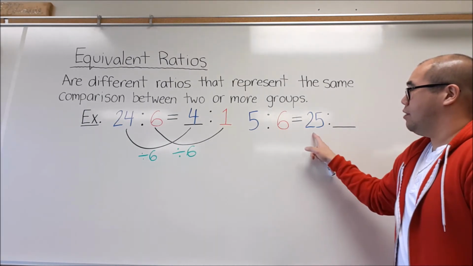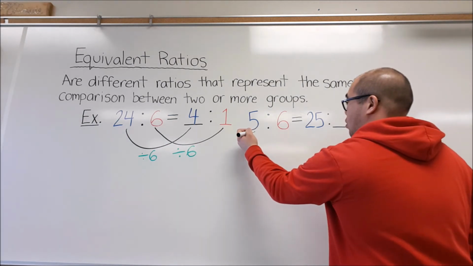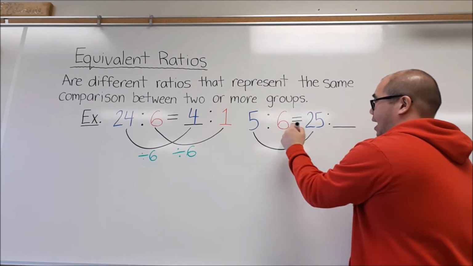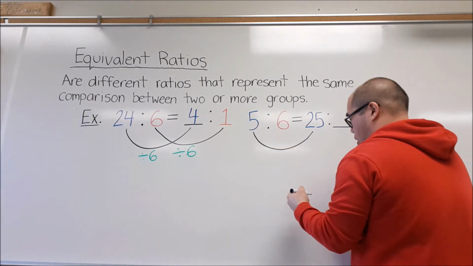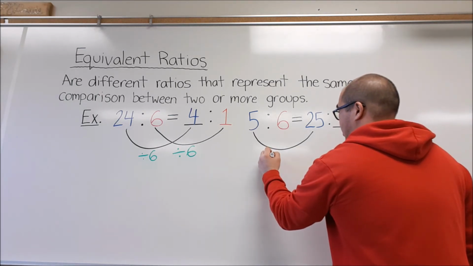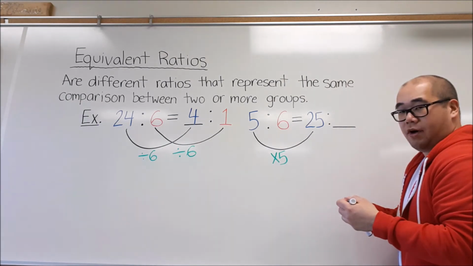We have 5 and 25, the blue numbers here. We could compare those two to see if we need to multiply or divide. 25 is a greater number than 5, so we already know that we're going to be multiplying. And to multiply 5 by 5, that's going to give us 25.